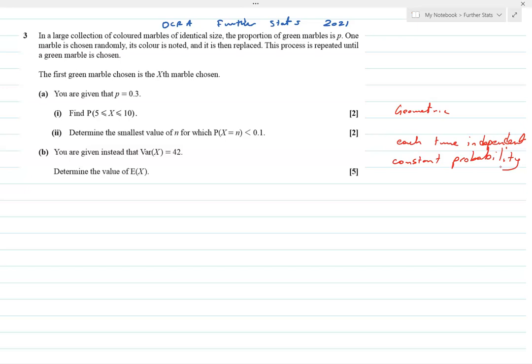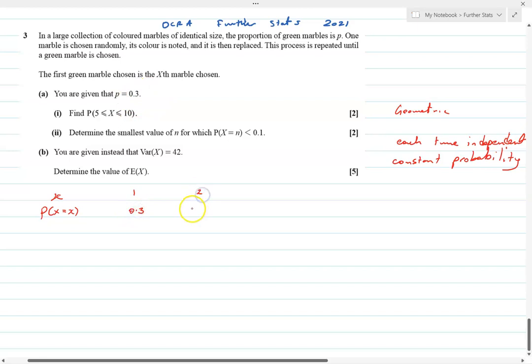Also, I'm going to write out the first few values for this distribution, but again, it's not necessary for this question. That's why I'm writing in red. The probability of getting the value 1, that a green marble is picked first time, well, we're told that p is 0.3, so that's simply 0.3.